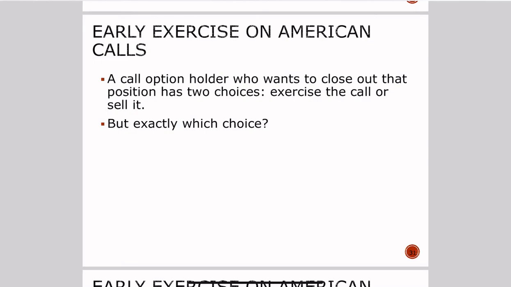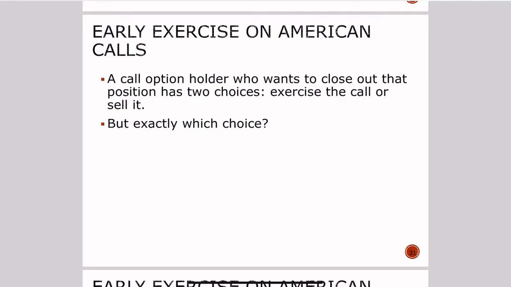If you have an American call, and if this call does not pay a dividend, then you should never exercise early. If you want to close your call position, you should just sell your call. If you have an American call and before expiration the stock will pay you a dividend, then maybe you will want to exercise this call to get that dividend.